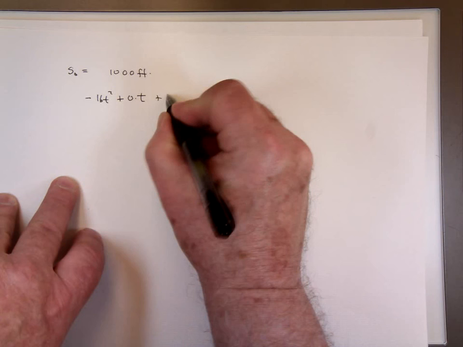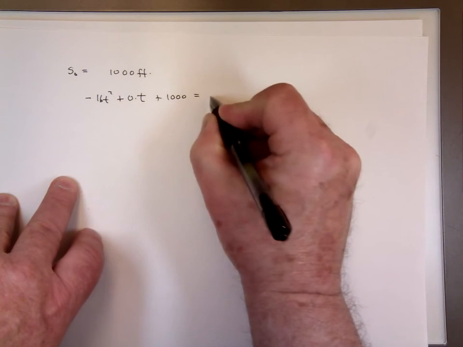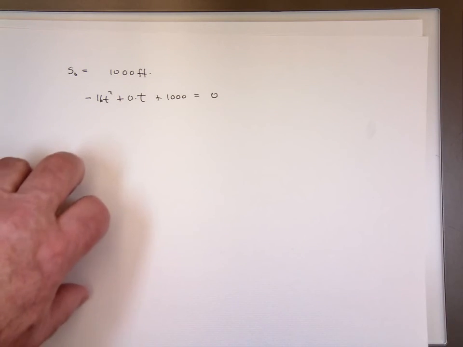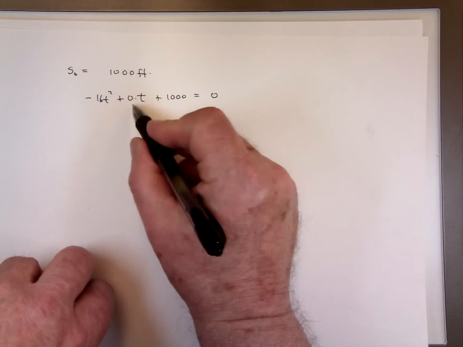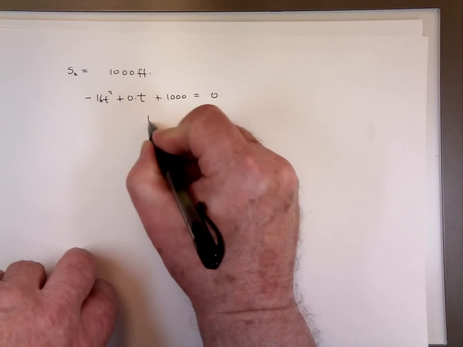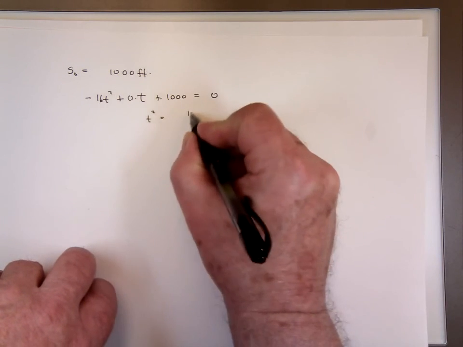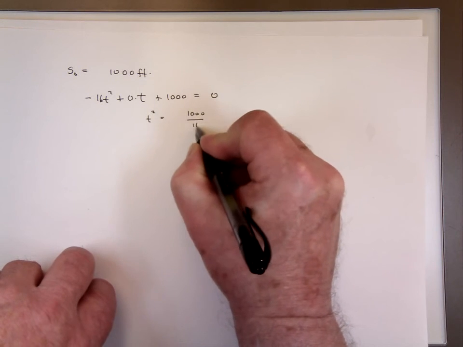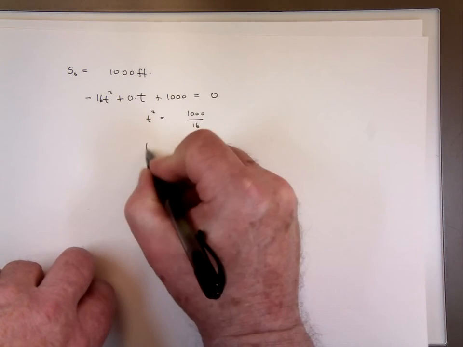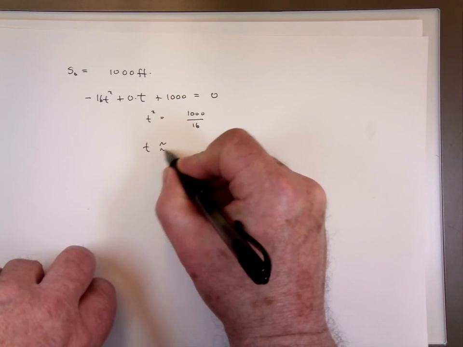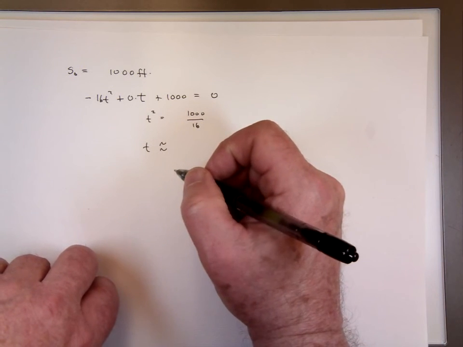Hitting the ground, that's 0. We end up with t squared equal to 1,000 over 16. So t is the square root of 1,000 over 16, which we could simplify significantly.